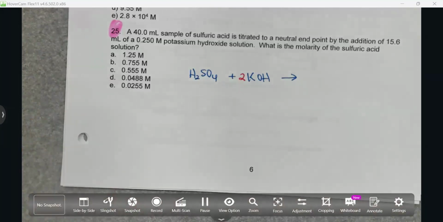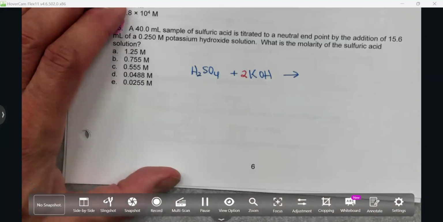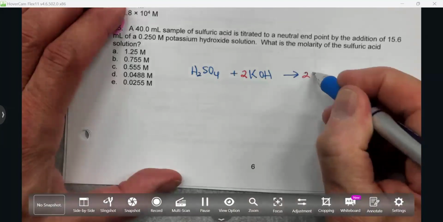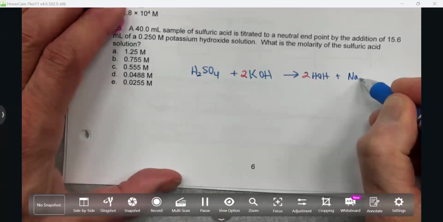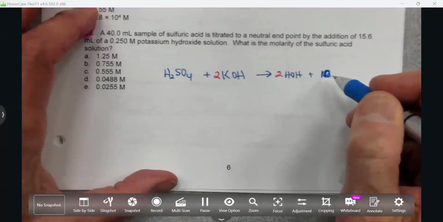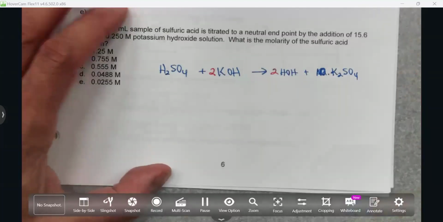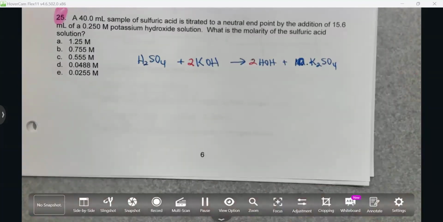It's the same. So we would end up with 2 HOH again. But this time it's going to be potassium sulfate. And the rest is exactly the same.